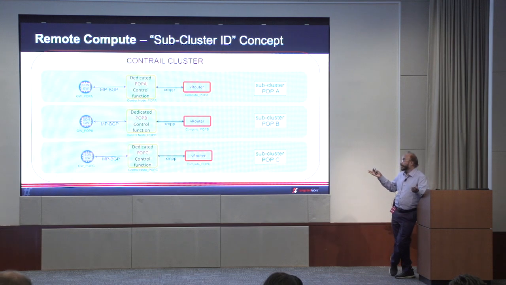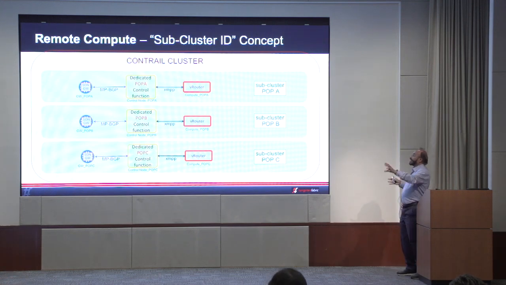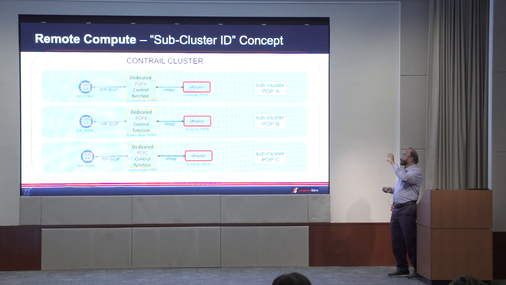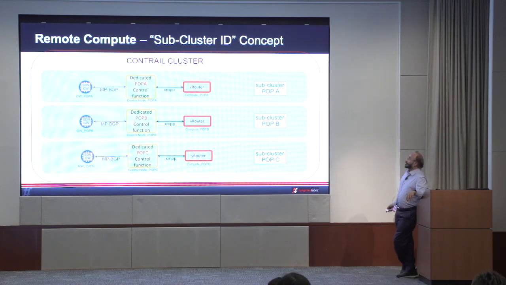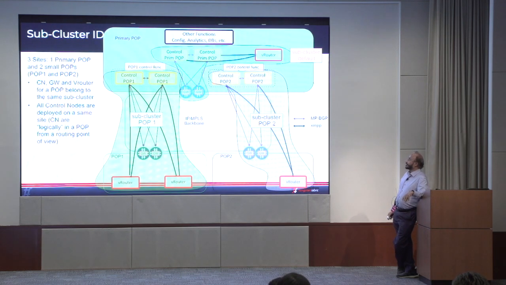So you essentially get a complete logical slice. You have VRouter functionality, a dedicated POP control, all the other functions I talked about, and we create the gateway. So now we have carved out 3 slices for you.